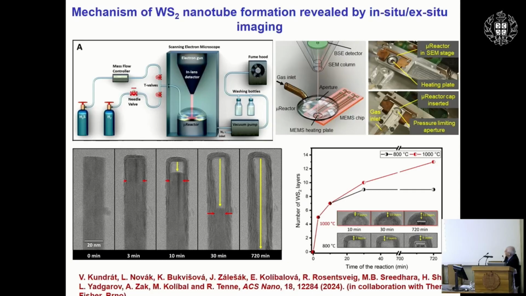Let me go now into a very interesting recent paper of, again, Dr. Wojciech Kundrat. And the reason that I show it is not because we have nanotubes. We already know that multiwall tungsten disulfide nanotubes are very easily obtained. But now the synthesis is done in situ in the electron microscope.